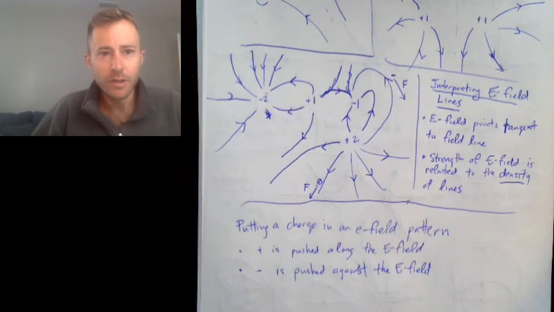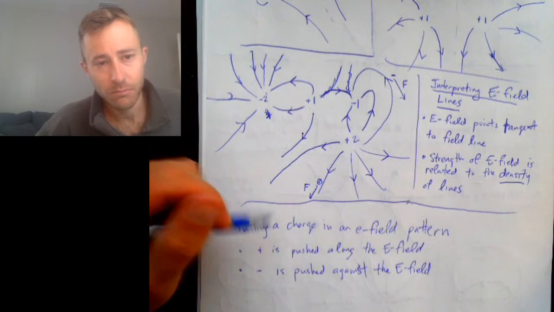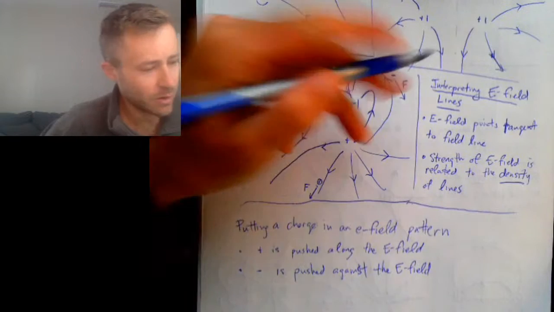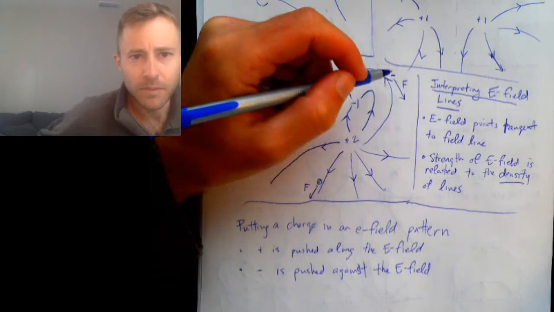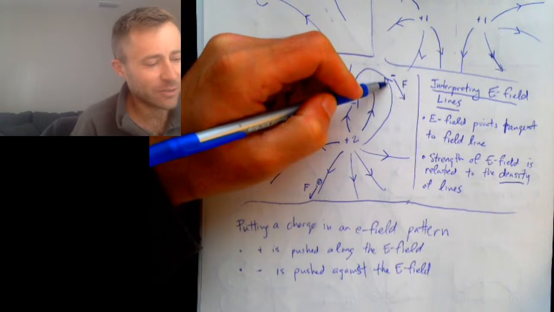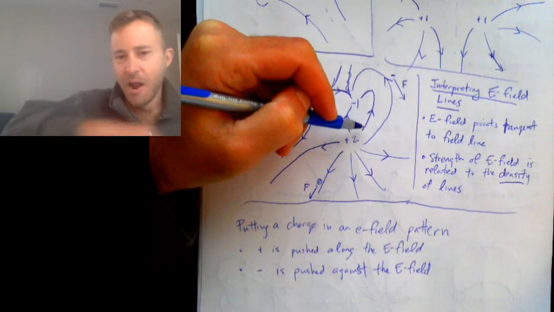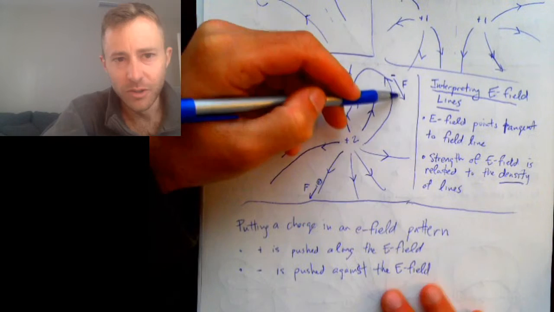Now this is only if they're at rest. Okay. So what students tend to think is that it's going to flow exactly along this field line and then end up over here. But this is just the direction of the force.